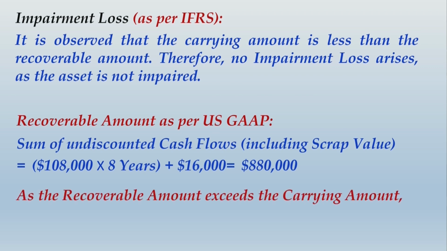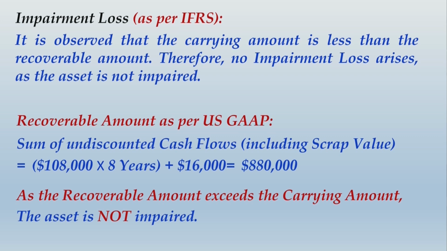So as the recoverable amount exceeds the carrying amount, the asset is not impaired. So the correct answer for either part, whether it is IFRS or US GAAP, is that the asset is not impaired and therefore no impairment loss arises at all. I believe you also would have got the same calculations and same conclusions as well.